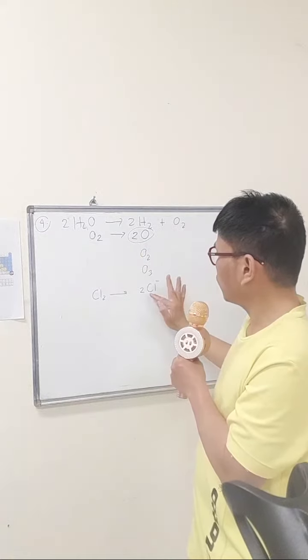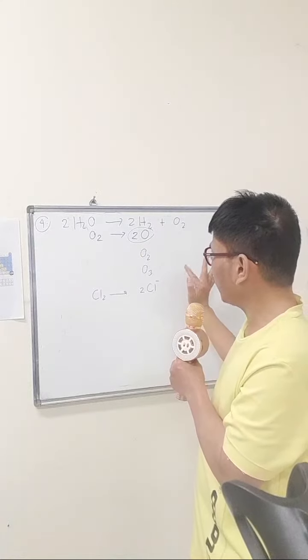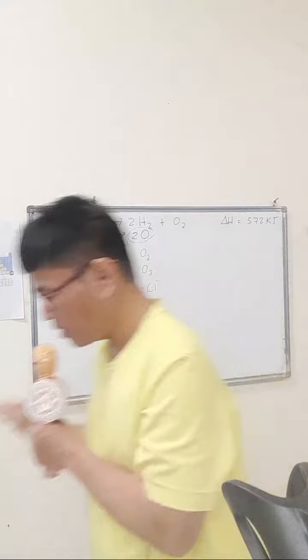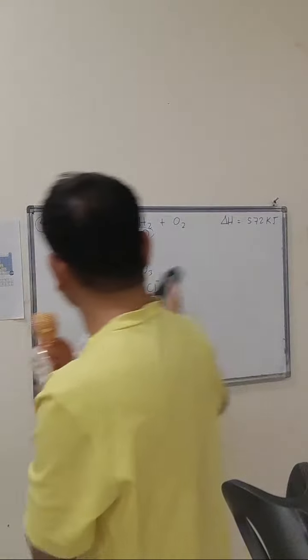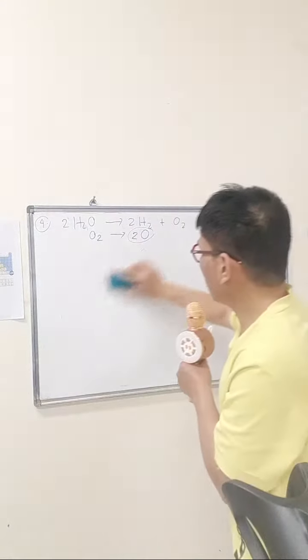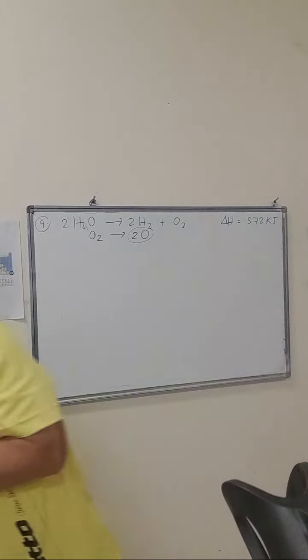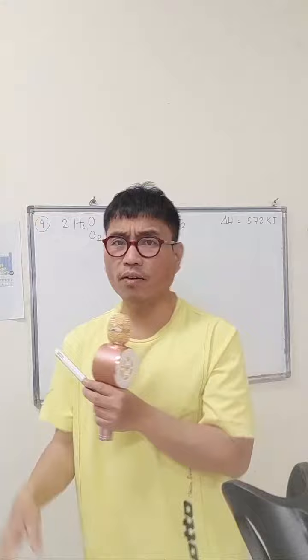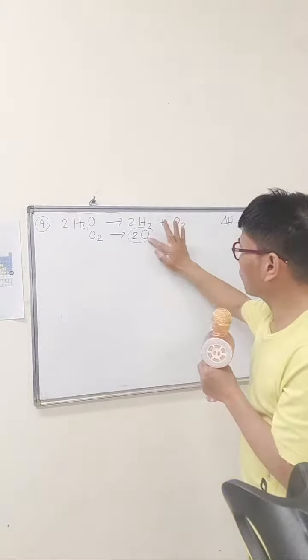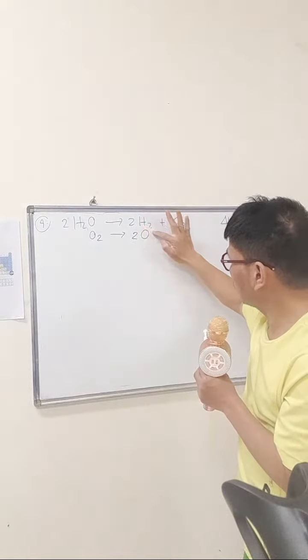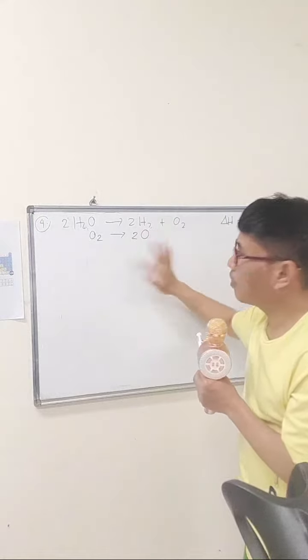But in here, 2 chloride, negative, halide group. Even though it ends in -ide, it's not the same family or group in the periodic table as the oxide. Oxide meaning negative 2, right?